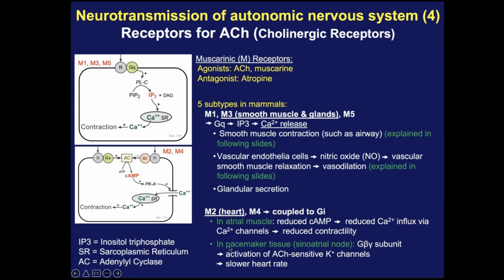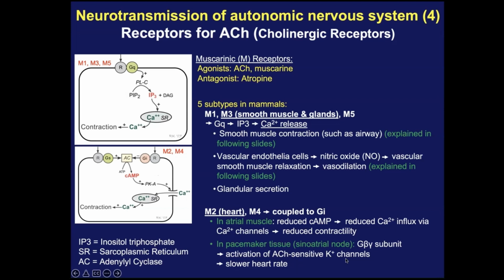In the pacemaker tissue, which is the sinoatrial node of the heart, when this M2 receptor is activated, the beta gamma subunit of the Gi protein can directly activate a type of ion channel, which is a potassium channel.